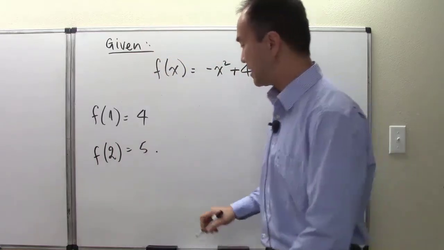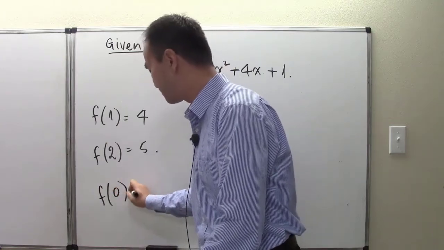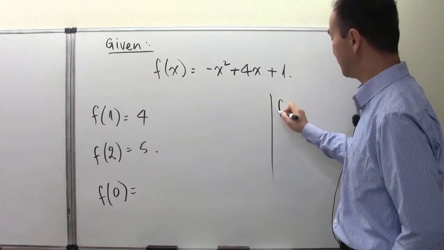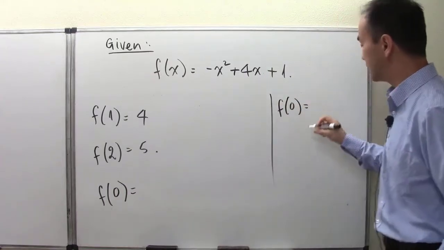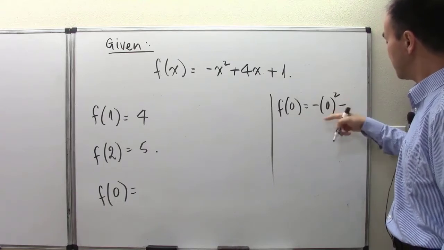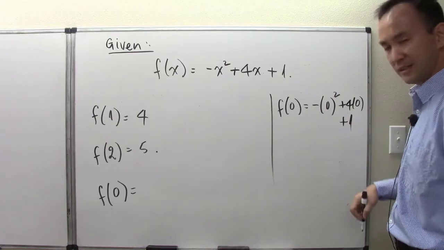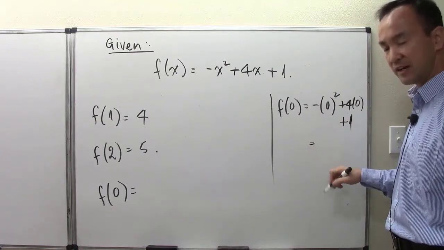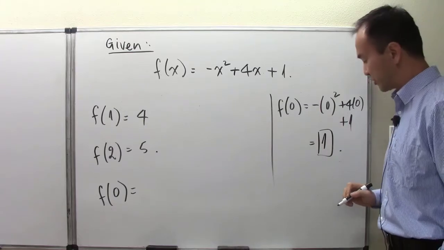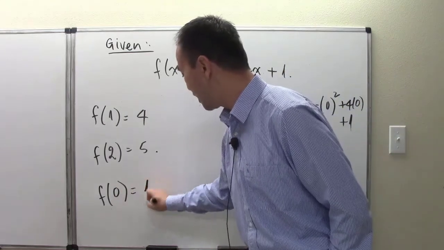How about one more? f of 0. Quick little scratch work: f of 0 equals, the way we're doing it, minus 0 squared plus 4 times 0 plus 1. The answer is easy enough, 1, as the final numerical answer. So the output for this is 1.